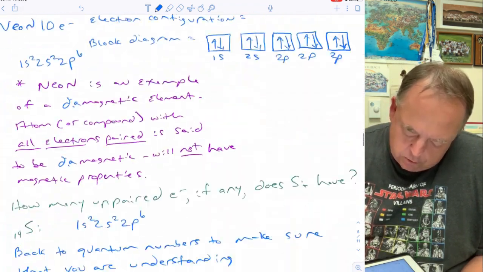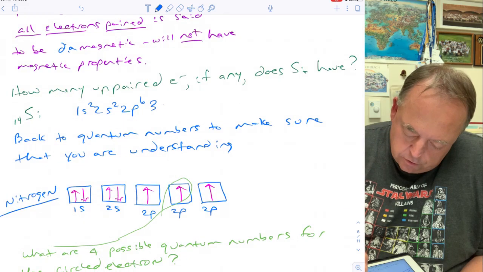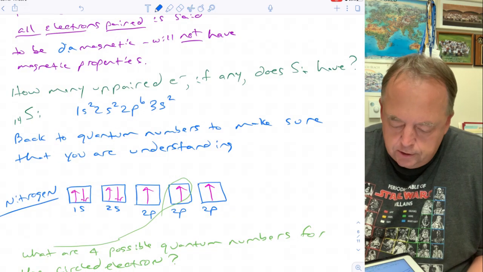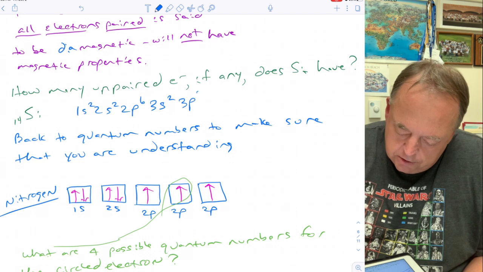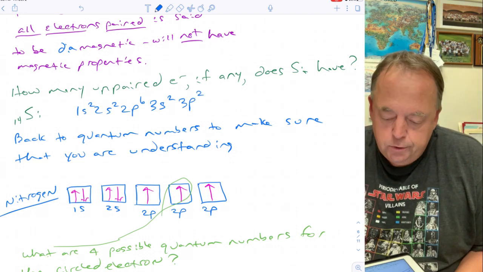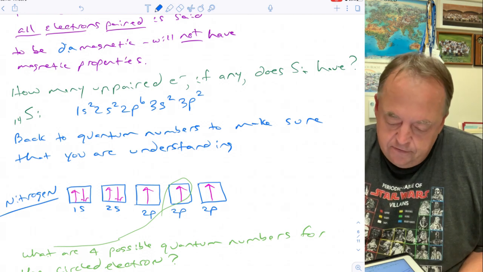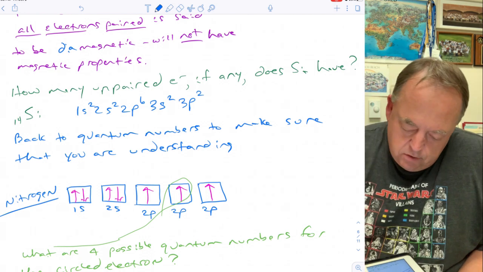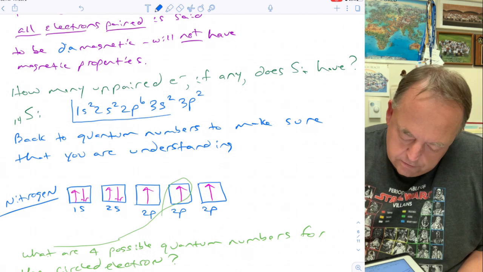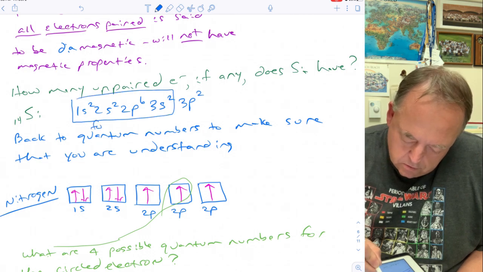So the 3s can only have 2 electrons, so we go 3s2, that's 12 electrons, still have 2 to go, so now we need to go to the p, so 3p2, right? So how many unpaired electrons does silicon have? Is it paramagnetic or diamagnetic? Well, so all of these are full.